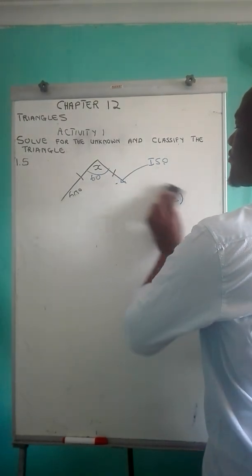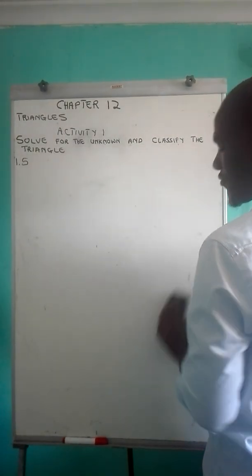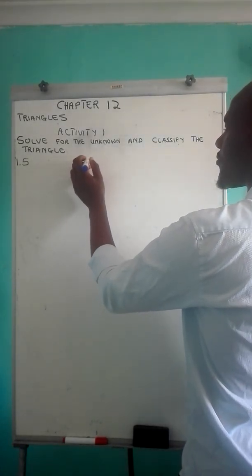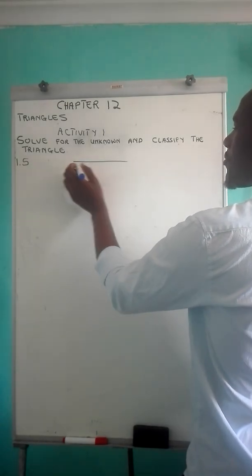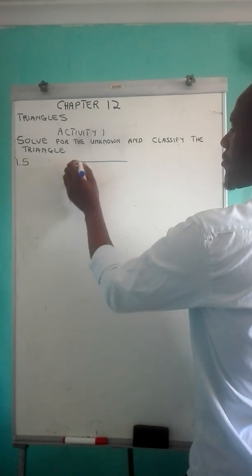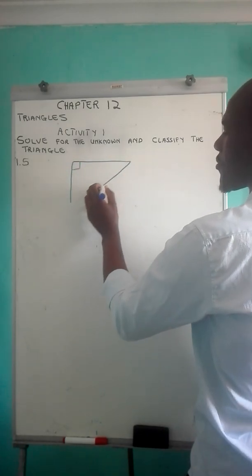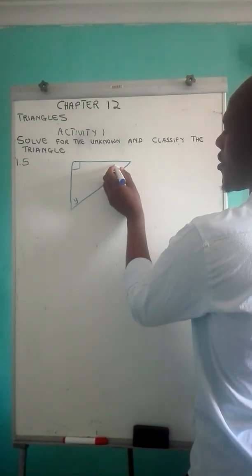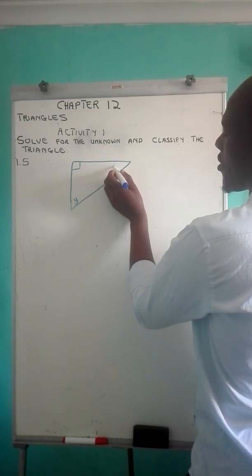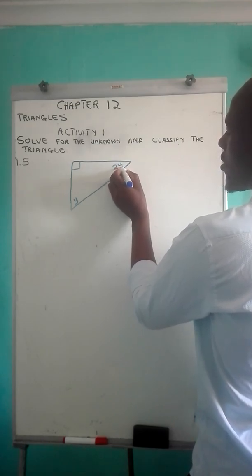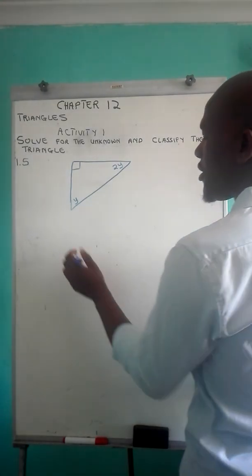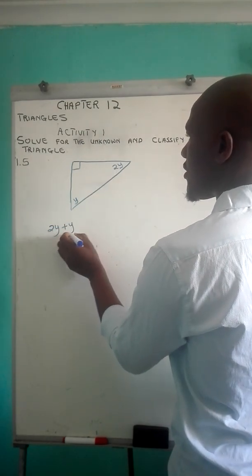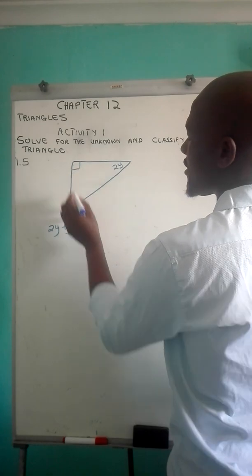1.7. This is 2y plus y. This means 90 degrees.